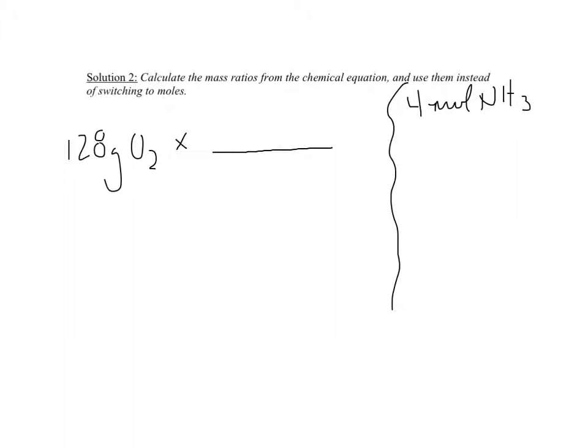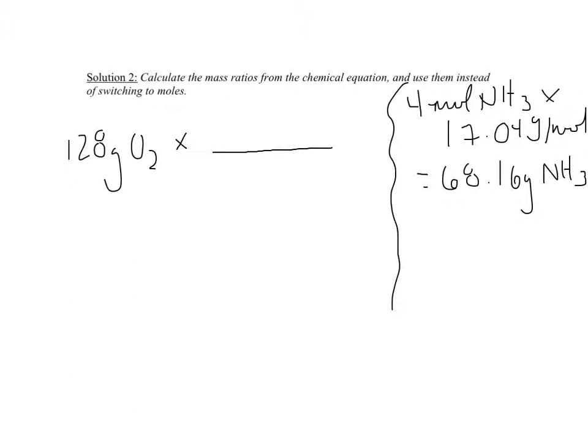And where did I get 4 from? Well, I took the coefficient that's in front of ammonia. And you can take that 4, multiply by the molar mass of ammonia, which is 17.04 grams per mole, and I'm going to get 68.16 grams of ammonia.